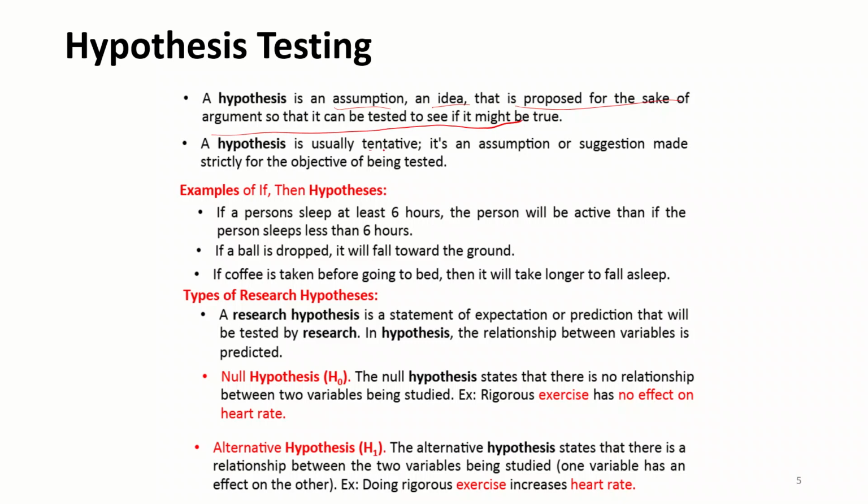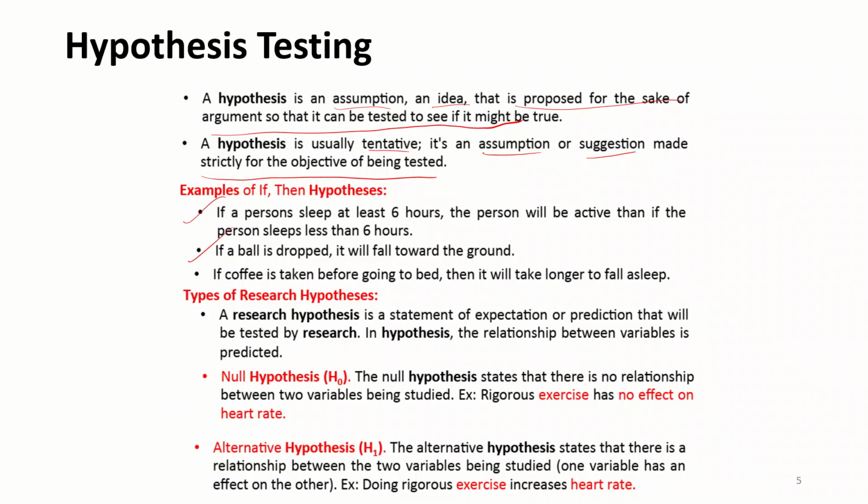It is usually a tentative assumption made strictly for the objective of being tested. Some examples: if a person sleeps at least 6 hours, the person will be active. If a ball is dropped, it will fall towards the ground. Like that you can have multiple hypotheses.